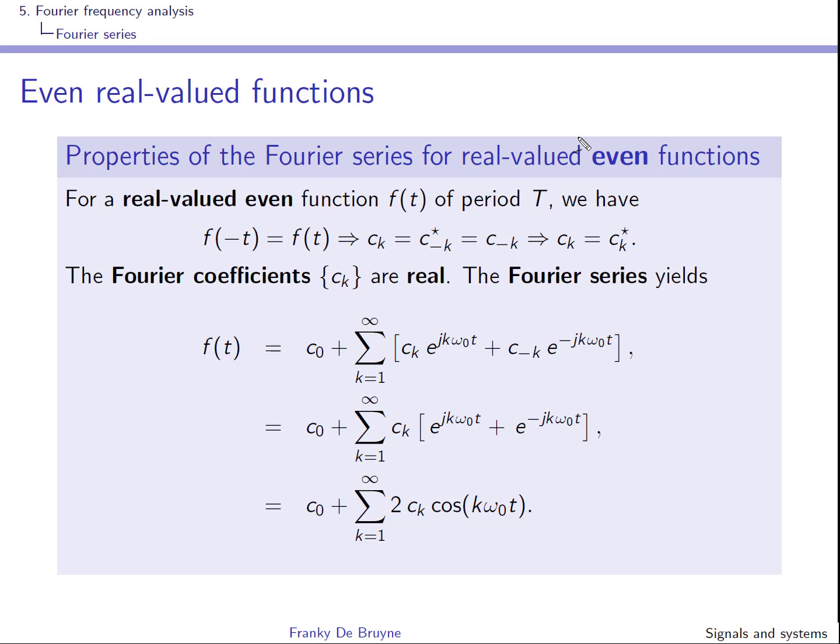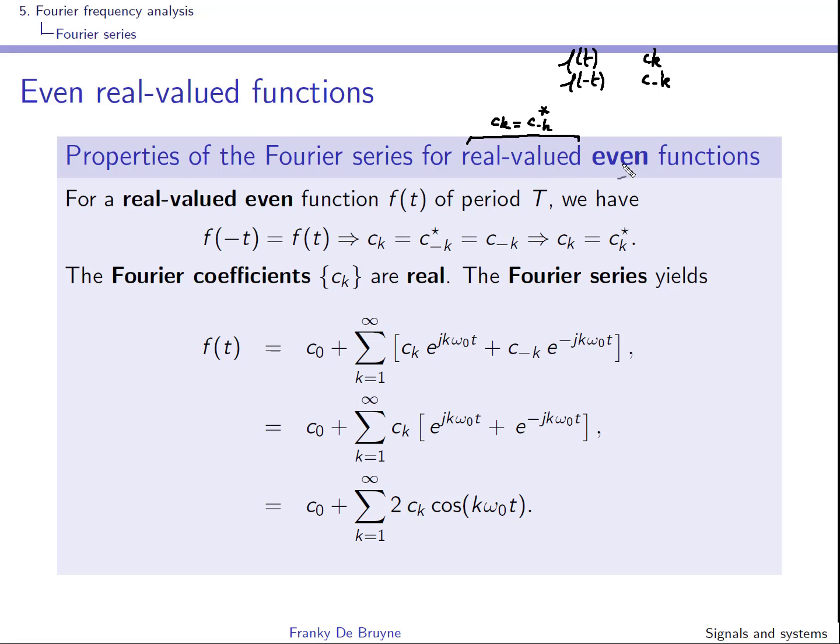So we know that if the function is real valued, then ck is going to be c-k conjugate. We know also that if f(t) has Fourier coefficients ck, the Fourier coefficients of the time reflected function will be the reflected Fourier coefficients.